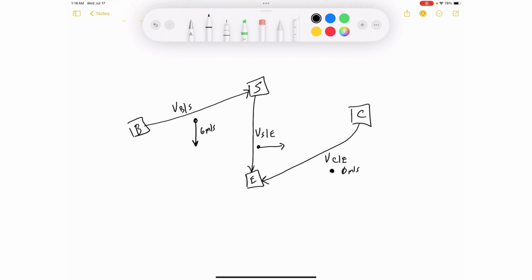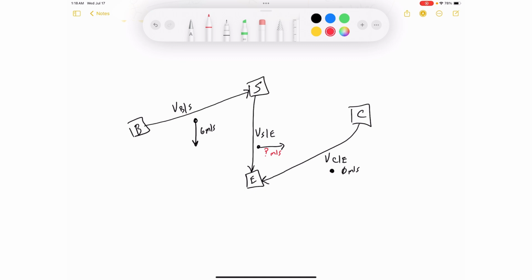So the shortstop is running due east relative to the earth, which is a common reference frame. But I don't know its speed. That's its direction, but I don't know its speed. So I'm going to write a question mark right here, meters per second, because I don't know what the speed is. But I do know the direction.